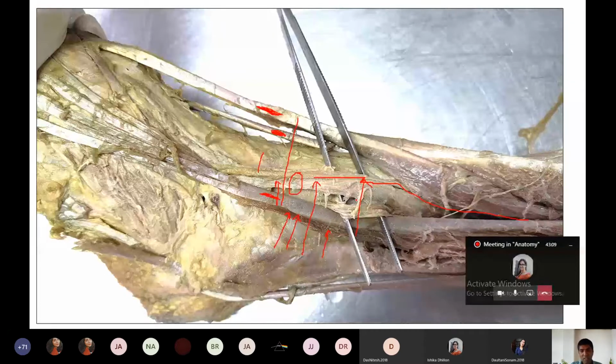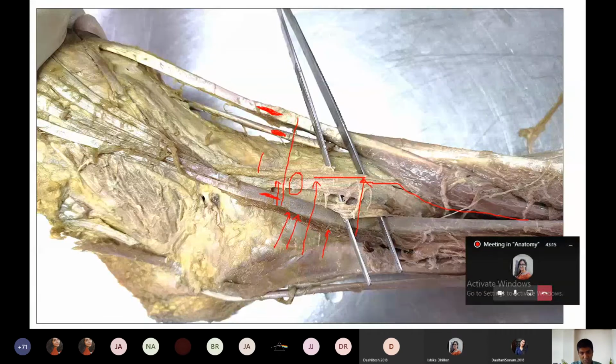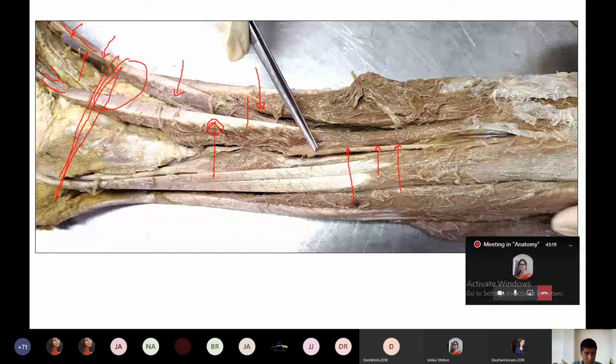Now after this we'll go to the lateral compartment, which is not shown in the slide separately. So from this slide I'll show you the lateral compartment muscles. You can easily identify these muscles also. This superficially placed muscle is the tendon of the peroneus longus, and deeper to this is the tendon of the peroneus brevis.